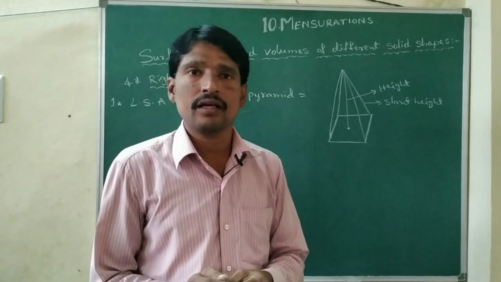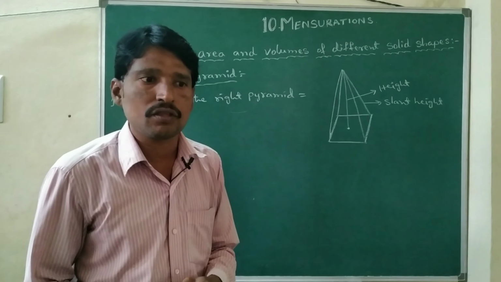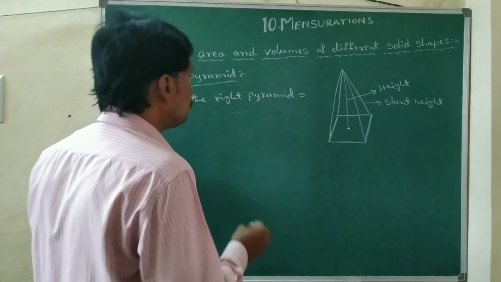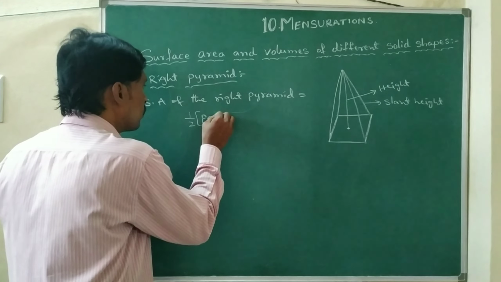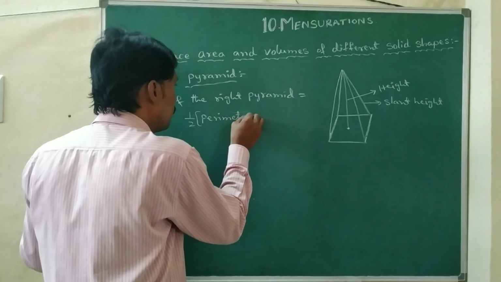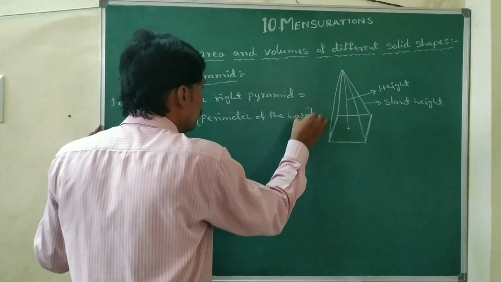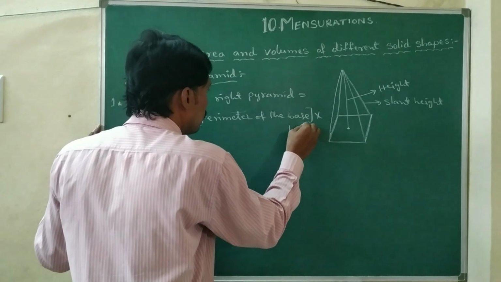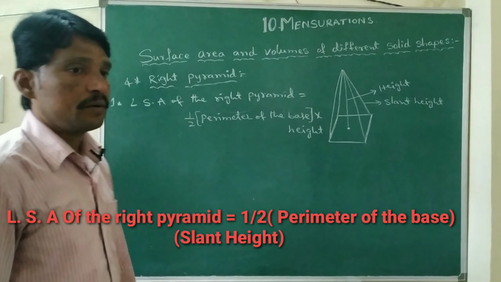Sorry, not the area. So 1 by 2 into perimeter of the base into height. That is the LSA of the right pyramid.